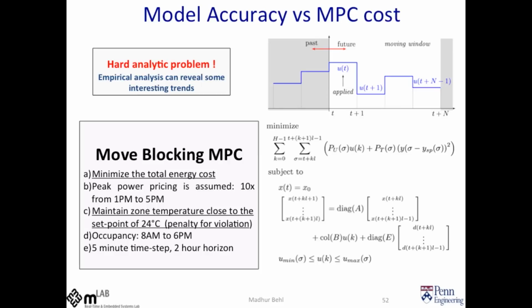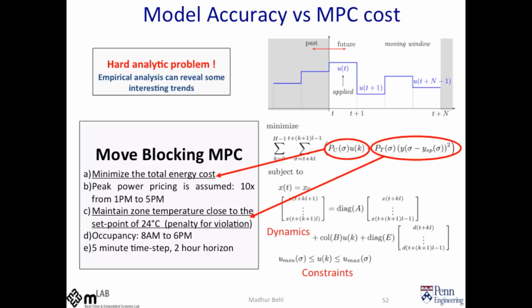So we set up a conventional model predictive control problem in which the objective of this optimization is to reduce the energy cost experienced due to changes in price of electricity while maintaining some degree of thermal comfort, subject to the model that you want to evaluate and the constraints on the control input.